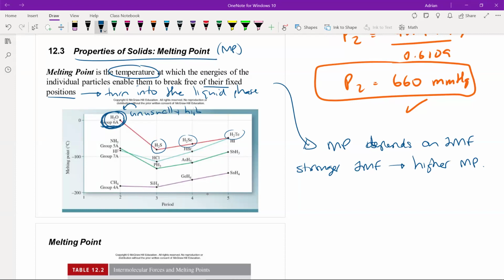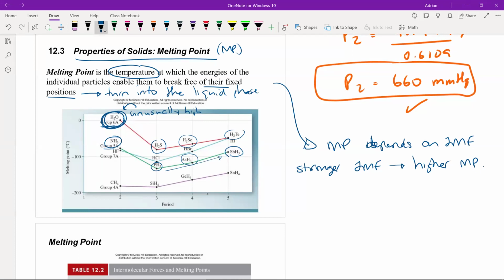And then you'll actually also see for the hydrides of the group 5 elements, so things like ammonia, that's a hydride of nitrogen, hydride of phosphorus, hydride of arsenic, hydride of antimony. Again, you see a general trend upwards.